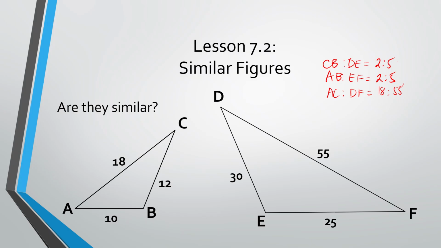So as you can see, both of these two are equal, but there is one different ratio here. So if you see that there is one different ratio, therefore this is not similar. Even if it is two or more ratios that are not equal to each other, therefore they are not similar. I hope that you get it.